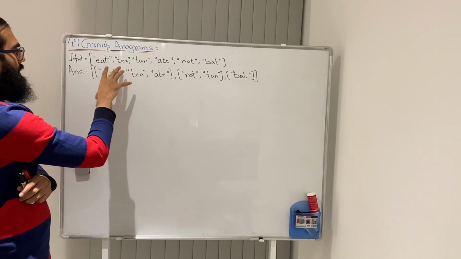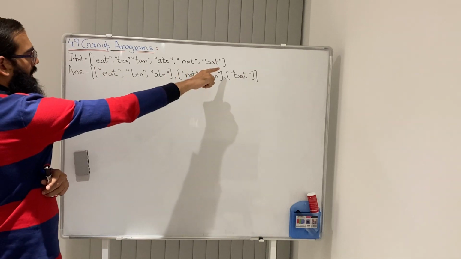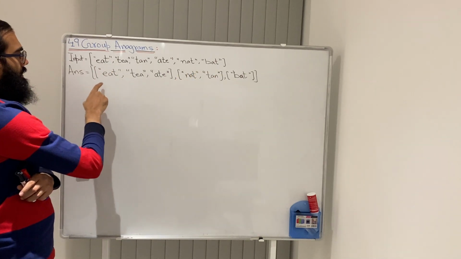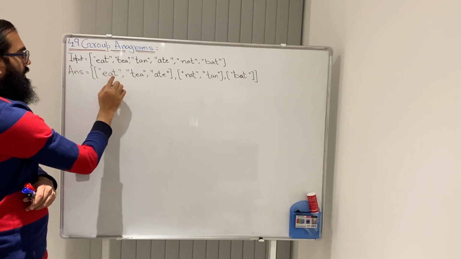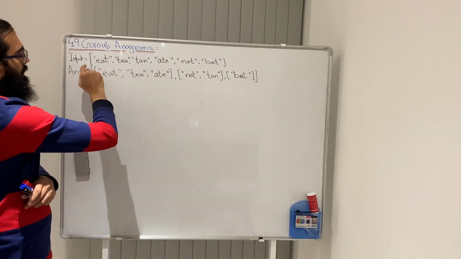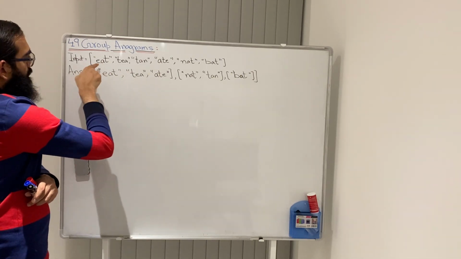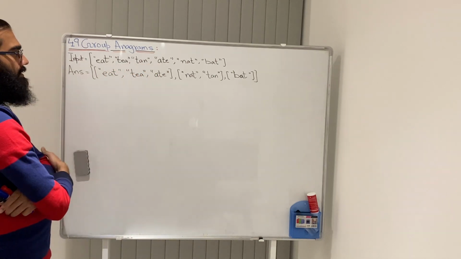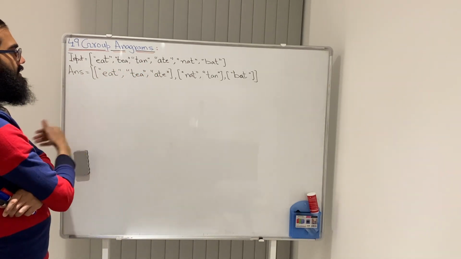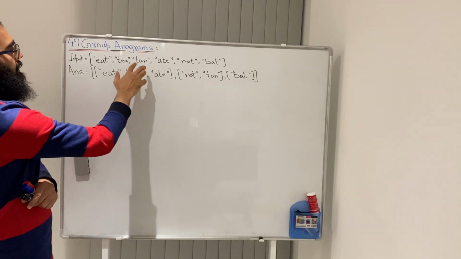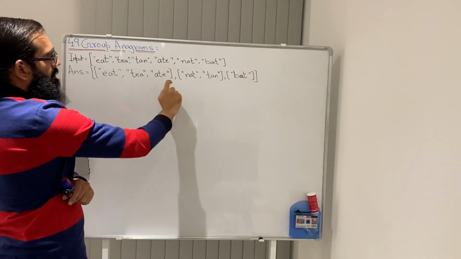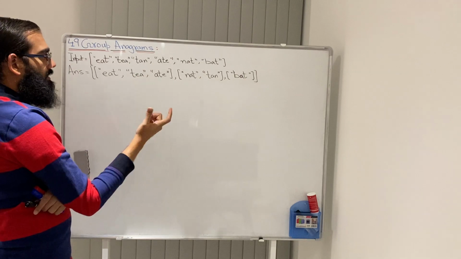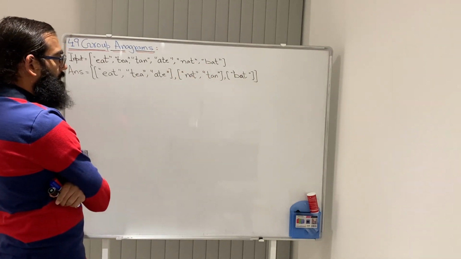For example, in this case the expected answer has this first array: EAT, TEA, ATE. All are using the same characters, but in different places. Then TAN and NAT, again the same, and BAT.